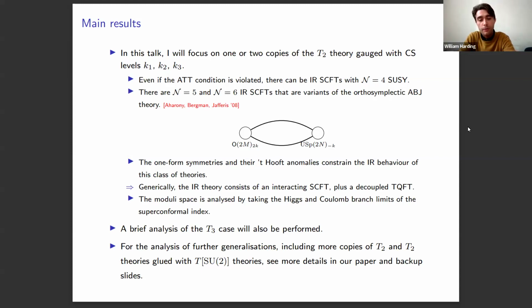Then I will also perform a brief analysis of the T3 case, and for the analysis of further generalizations, including more copies of T2 or T2 theories glued with the T[SU(2)] theories, for instance, you can see more details in our paper, or we can discuss at the end of this talk.